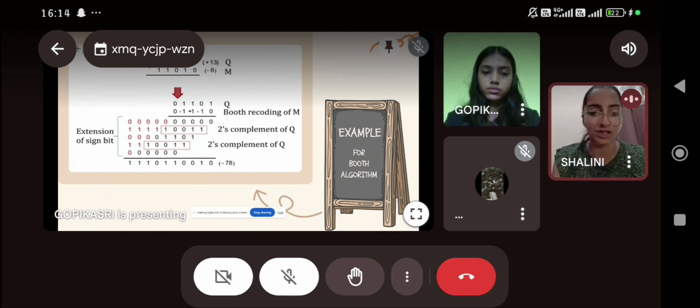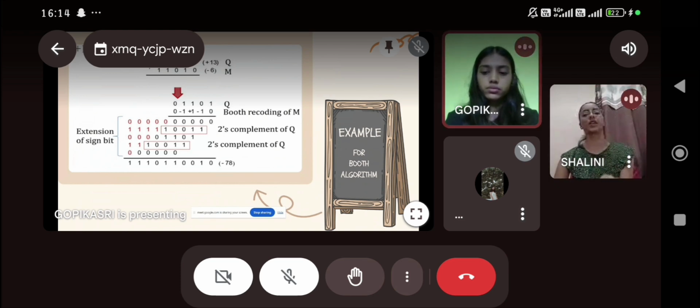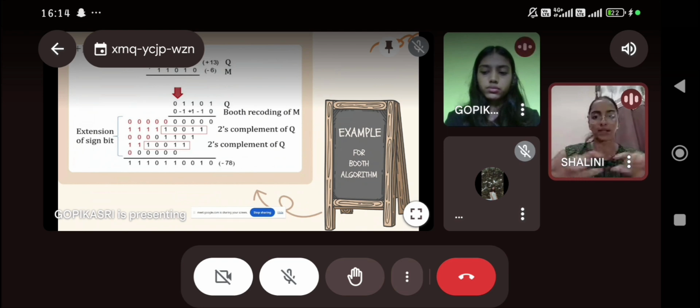In simple terms, 1, 1, 0, 1, 1, 0, 0, 1, 0. Here the most significant bit is 1, which means that the whole binary number is negative. If the most significant bit was 0, then it means that the whole binary number is positive.